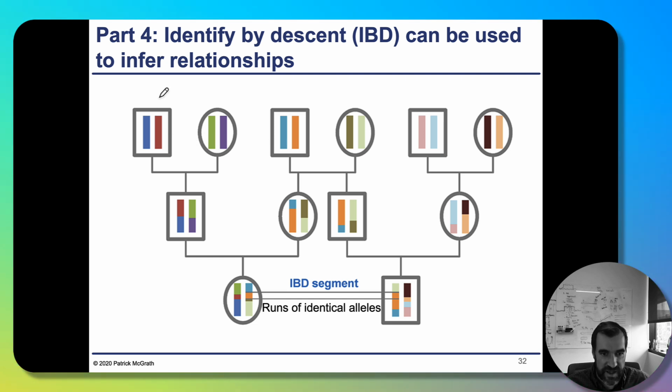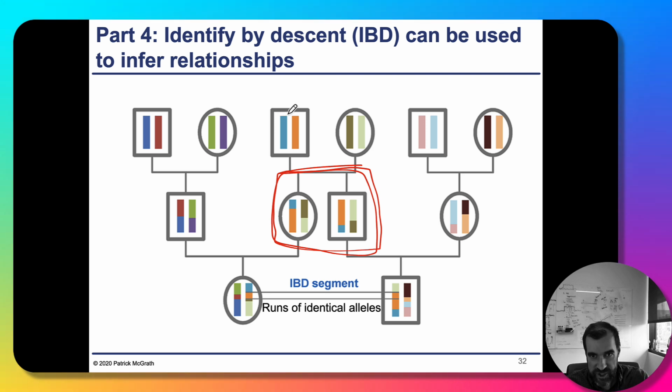And so the idea is that if you have two individuals that have the same parents, this is showing you the paternal and maternal for the father, the paternal and the maternal for the mother.